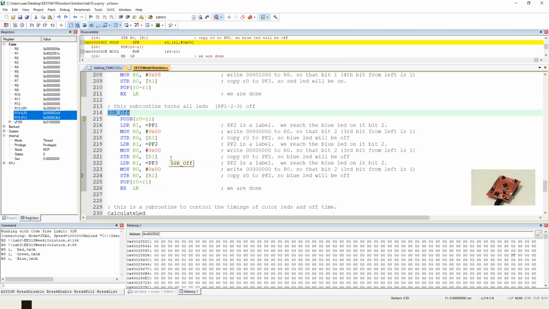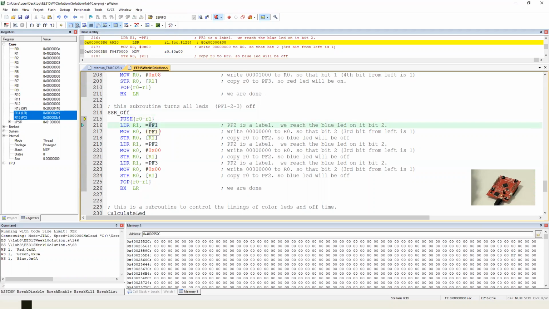So nobody gets badly affected because I'll be using R0 and R1. So this is a responsible subroutine. It's changing R0 and R1, but it is leaving R0 and R1 when it's finished the way it has found those registers. So, a conscious, responsible subroutine.